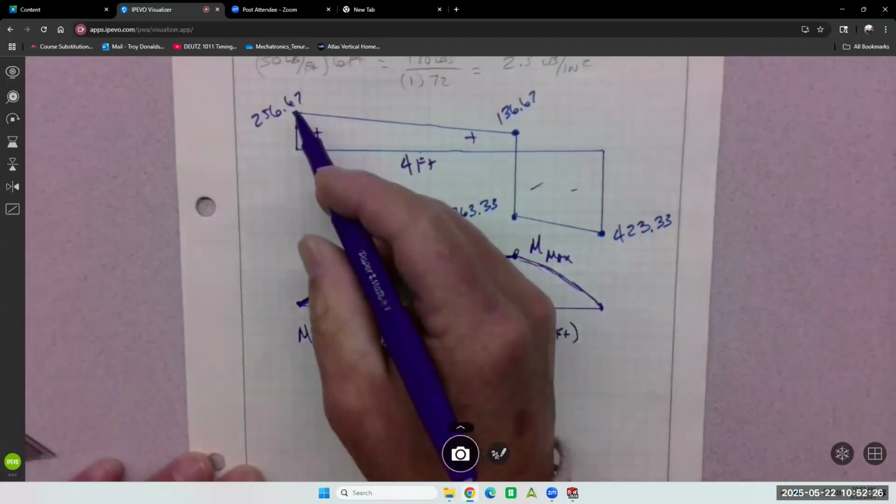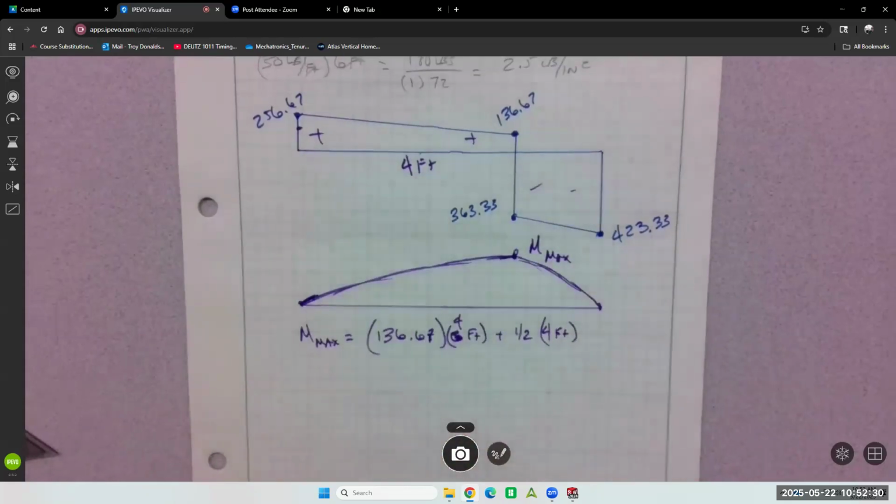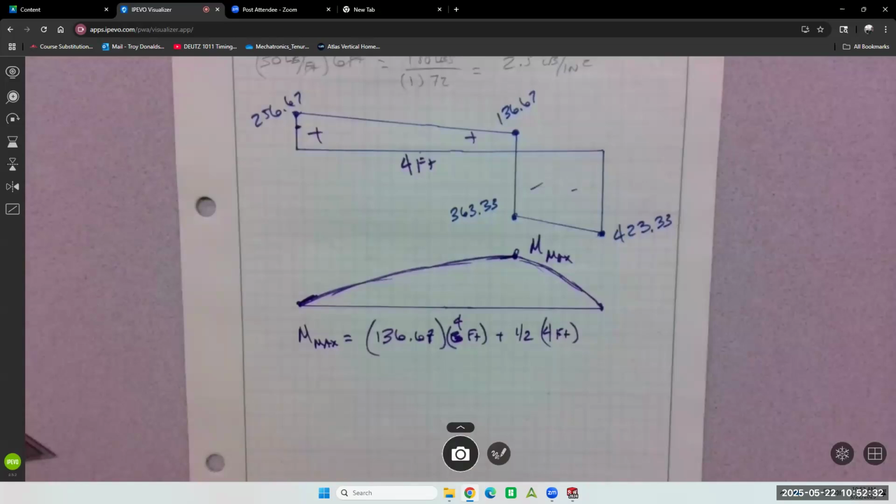One half the base times the height, which is the difference between those two, which looks like 120. Oh yeah, 120.